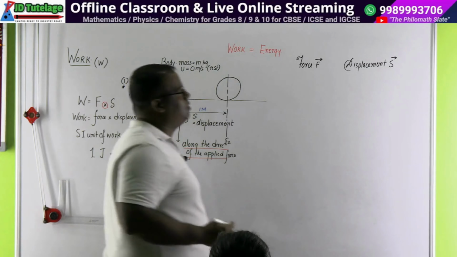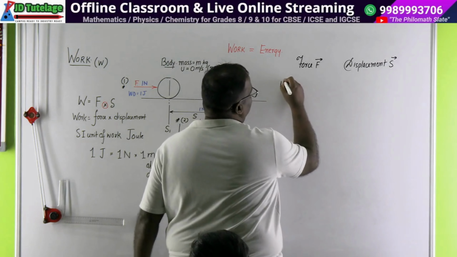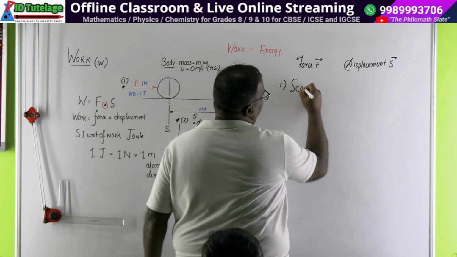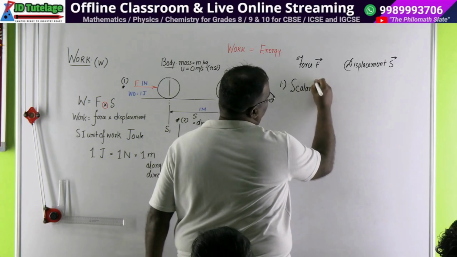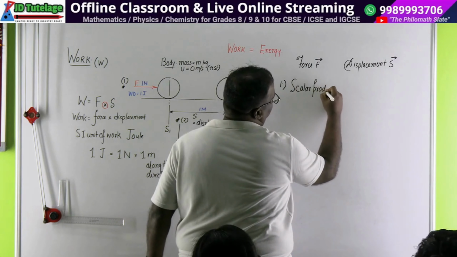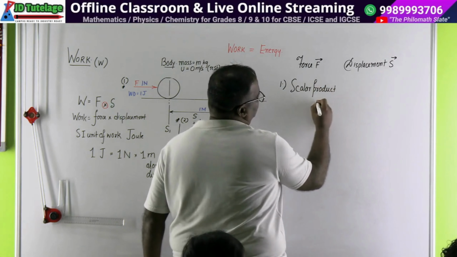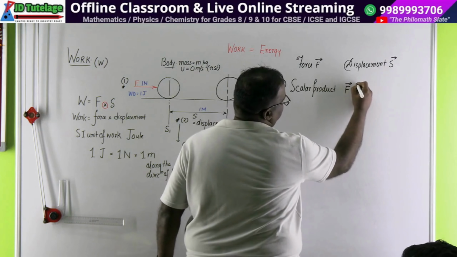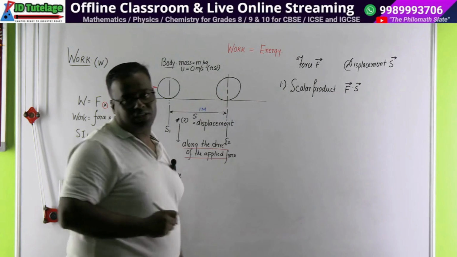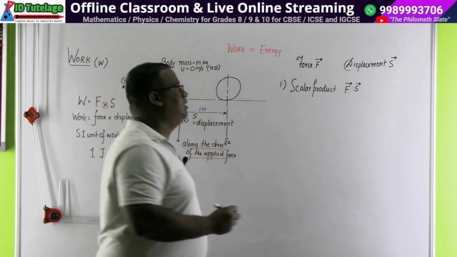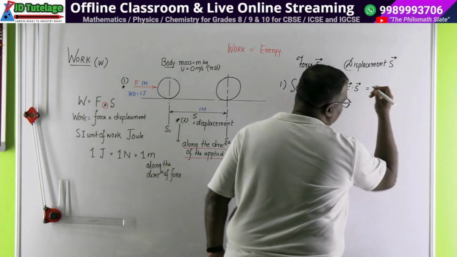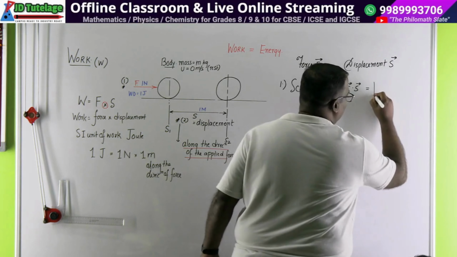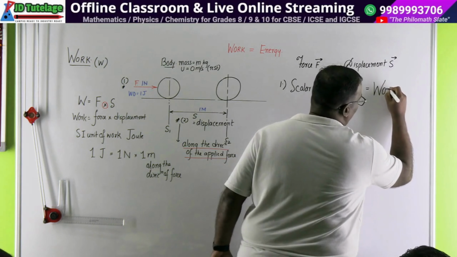Okay, force and displacement. So we'll first go for number one, which is called the scalar product of both of them. So let's take the scalar product. The scalar product will be F dot S. Got it? And this should give me a scalar quantity. This scalar quantity is known as work.